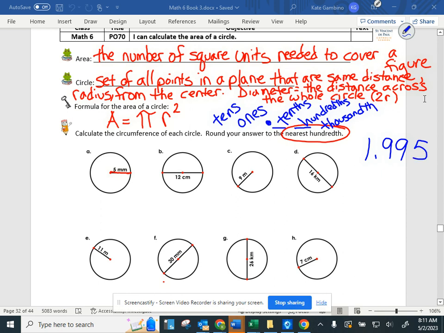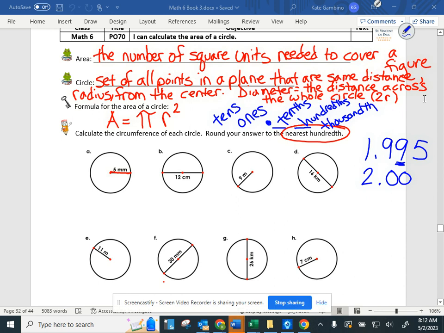this, and I want to round to my hundredth place, what would I round to? Matthew? So what would my final answer be? And I'm rounding to the hundredth, so 2.00. Very good, because I'm rounding that 9 up to 10.